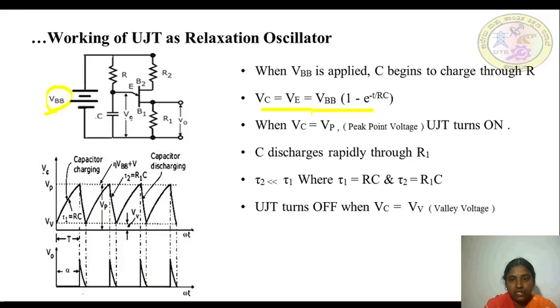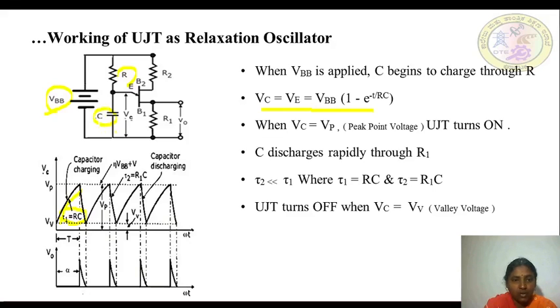That is VC is equal to VE, which is equal to VBB into 1 minus e to the power of minus t by RC, where e to the power is nothing but the charging exponential. So this is the exponential charging of your capacitor, where tau 1 is nothing but the charging time constant of the capacitor, and its value depends upon this R and C value.